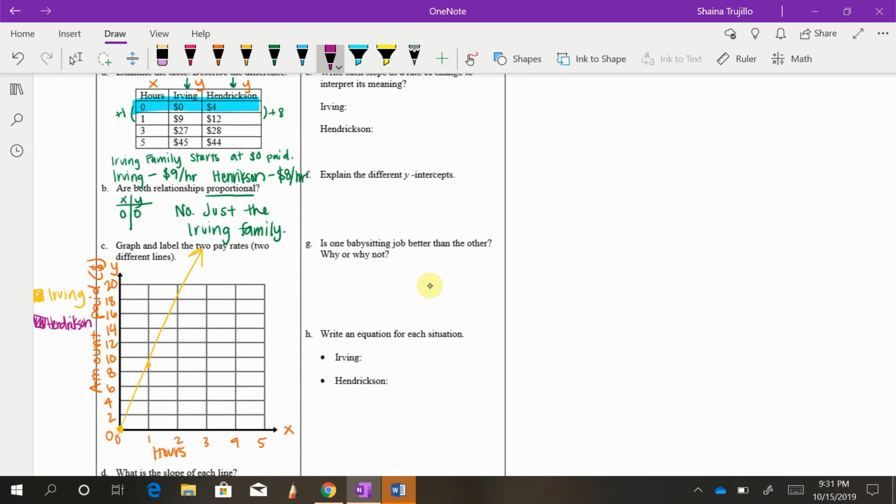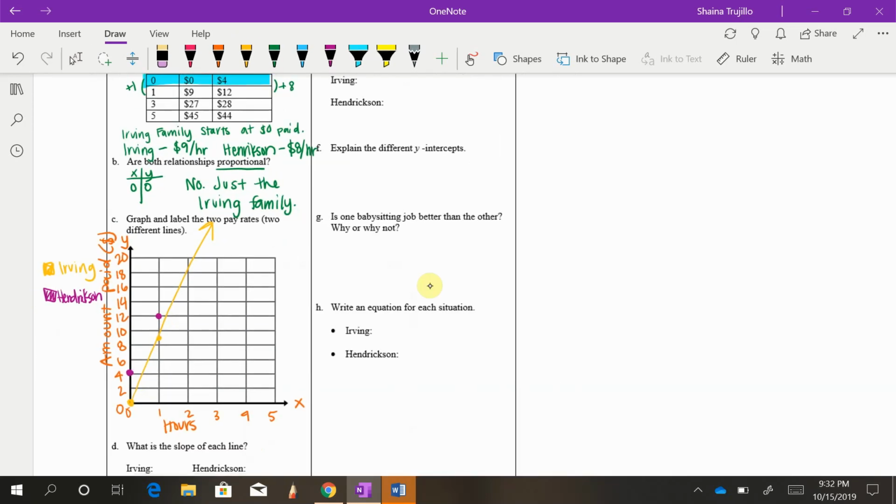Okay, Henriksen family. Their starting point is $4. So I'm going to put a little dot right here. For 1 hour babysat, you make $12. Okay, I'm going to go ahead and draw this line.